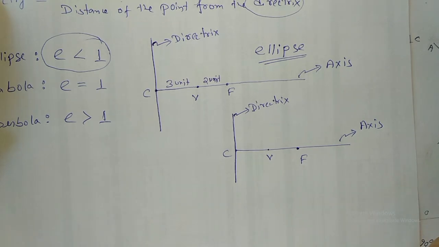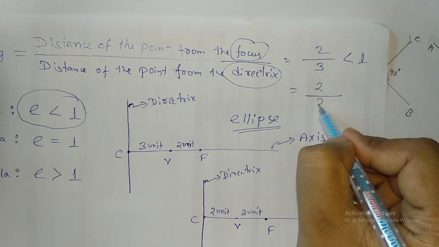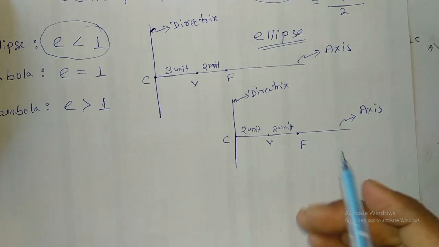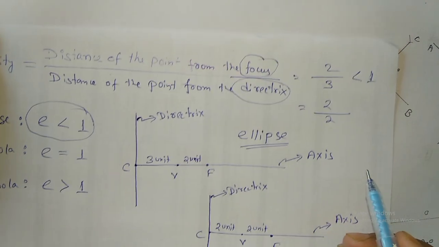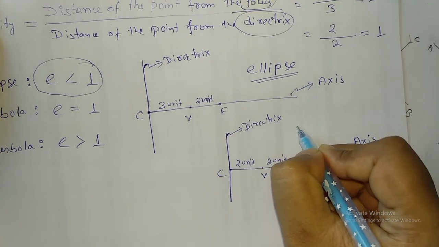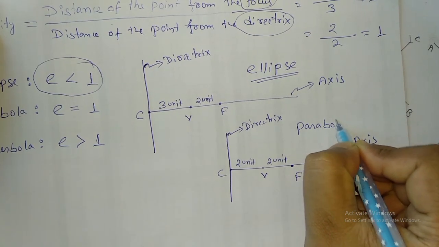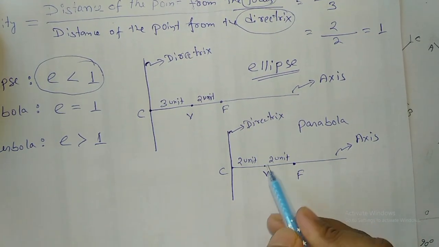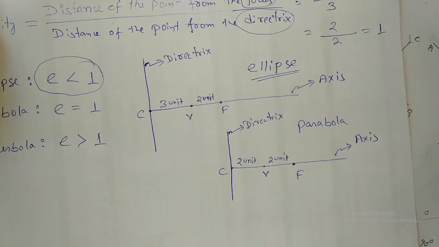Suppose this is 2 units and from F to B is 2 units. So what will my eccentricity be? It is 2 units from the focus and 2 units from the directrix, so my eccentricity is going to be 1. So this is for a parabola: eccentricity is 1.